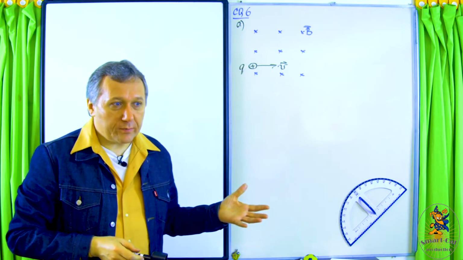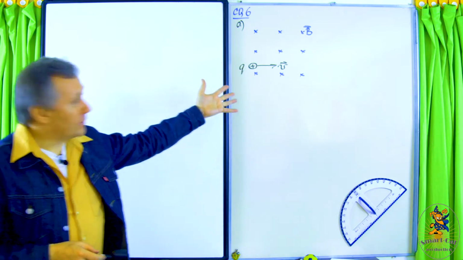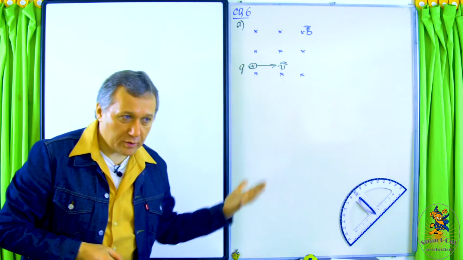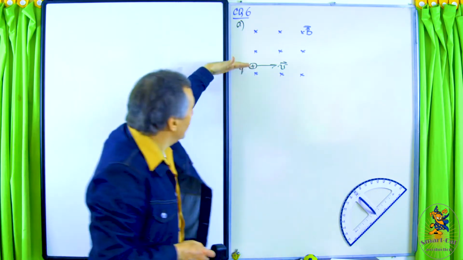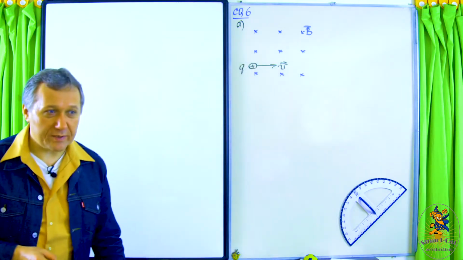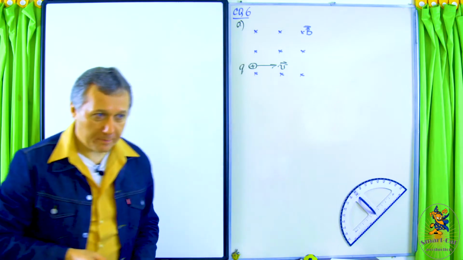So the question is very simple, conceptual. Obviously, since the particle moves perpendicular to the magnetic field, there must be circular motion. But is the circular motion that way or this way? We need to answer that question. Is it going to be bent upward or downward?